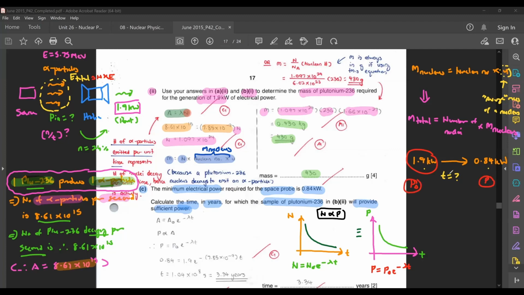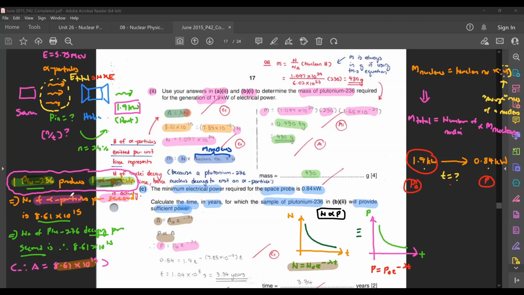So you're interested in finding out the time now. Now you look at the workings, I actually wrote it slightly differently. I wrote it as activity equals A naught exponential negative lambda t. You can just straight away replace it with this if it makes more sense to you. You can also relate it to activity. Both are the same. Eventually you will come to the same conclusion that power is P naught exponential negative lambda t.